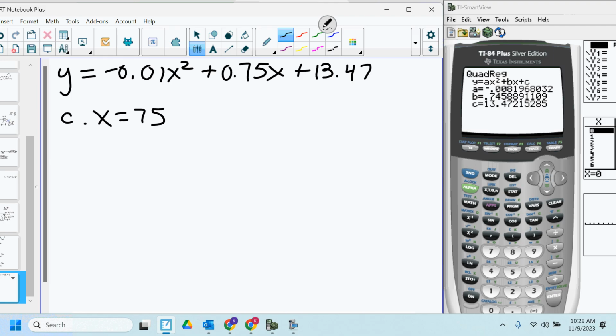To find the y, what are we going to do? Plug it in. So go ahead, start calculating that. Instead of x, put parentheses around 75 in your equation.